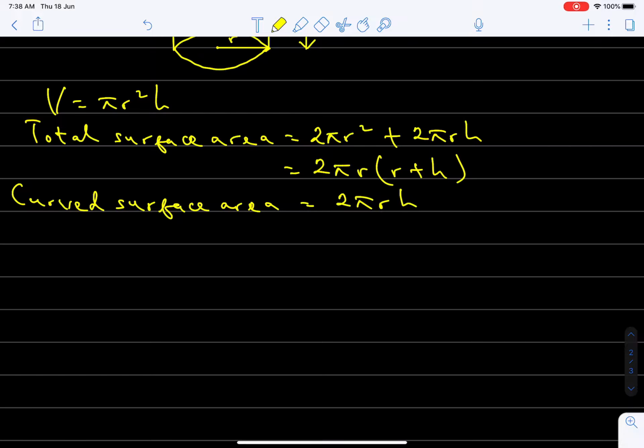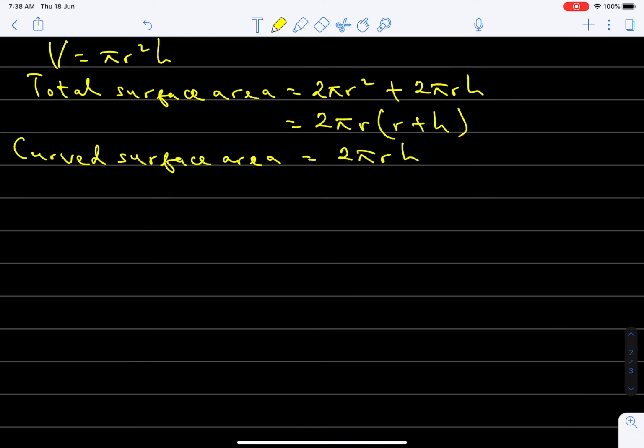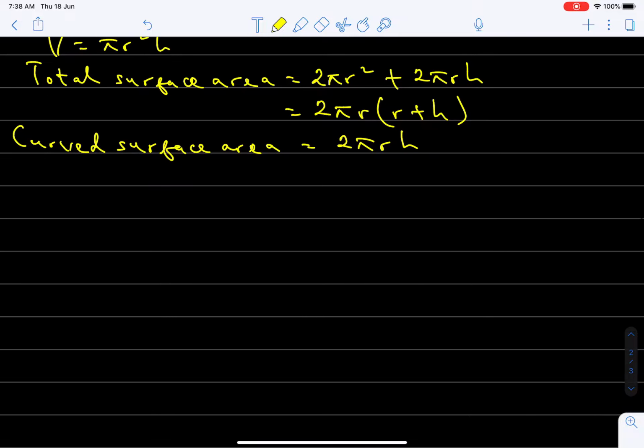Now it's important to note what the net of a cylinder is. By the net of a cylinder, I mean the shape that is folded into a cylinder, or the shape that you have when you open up a cylinder completely. The net of a cylinder is actually a rectangle and two circles.